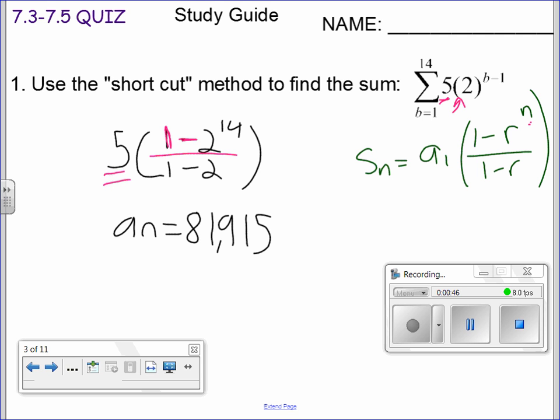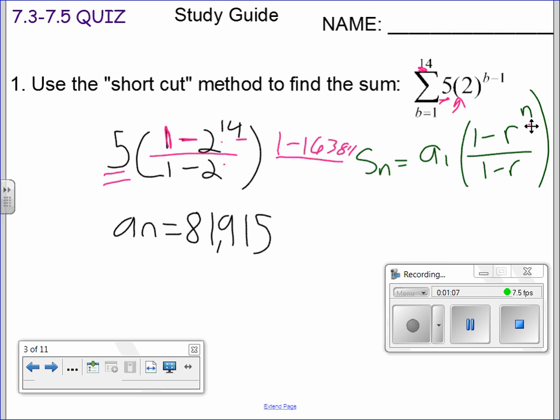So that's where you put the second term for top and bottom. And then 14 is how many terms are in the sequence. So when you get 1 minus 2 to the 14th, that is 1 minus 16,384.